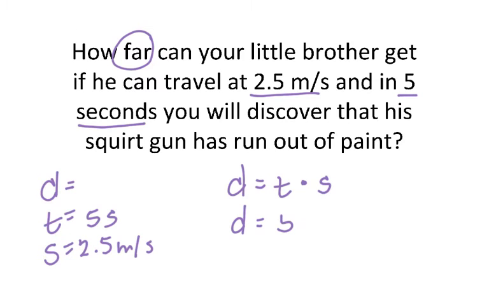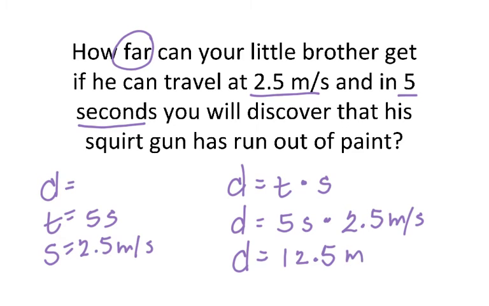His time is 5 seconds, and he's moving at a rate of 2.5 meters per second. So your brother can get 12.5 meters away from you.